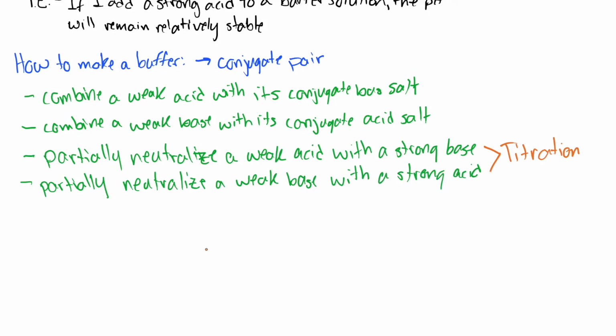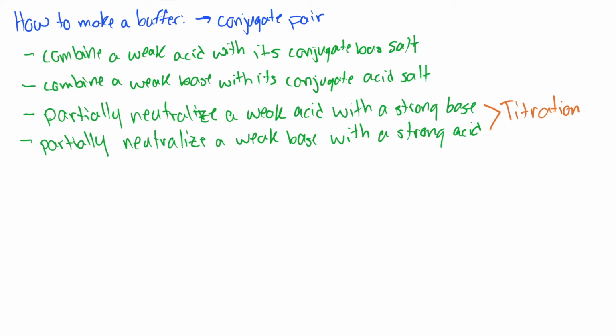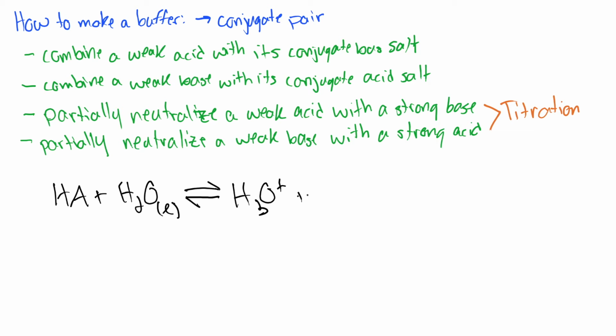Now what I want to look at is an acid ionization equation. We have HA, and we're going to say that this is our weak acid. We're going to add water. We know that this is a liquid because we're in an aqueous solution. Because we have a weak acid, this is going to be an equilibrium reaction, so that's going to form the hydronium ion and then the conjugate base.